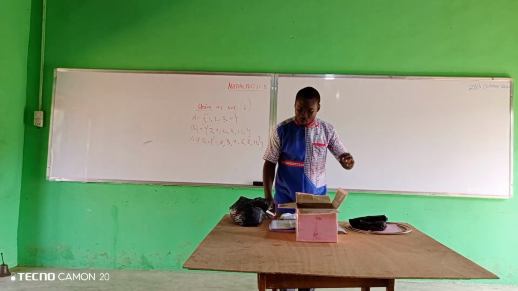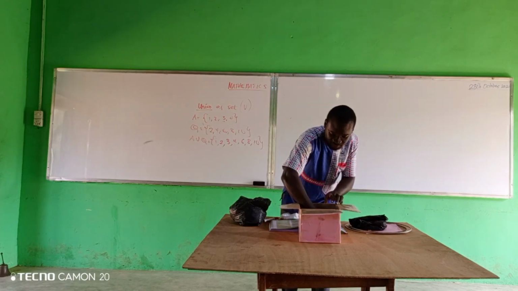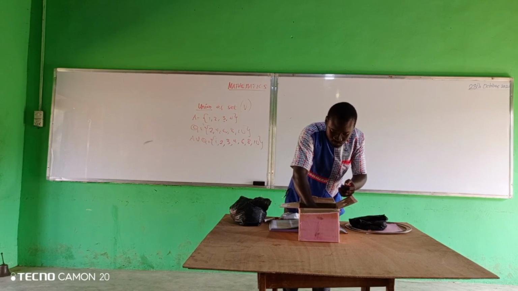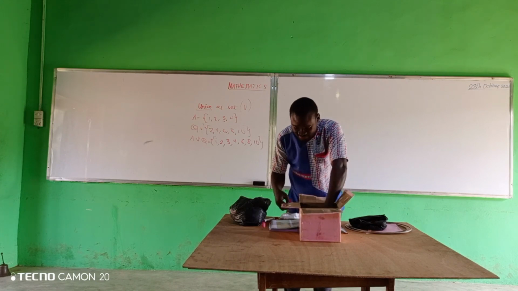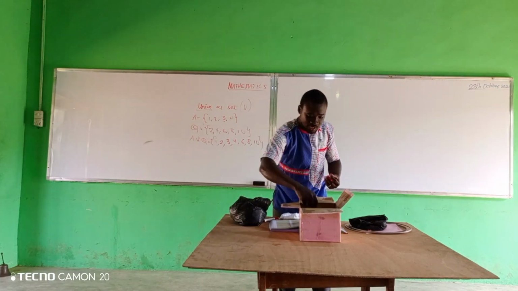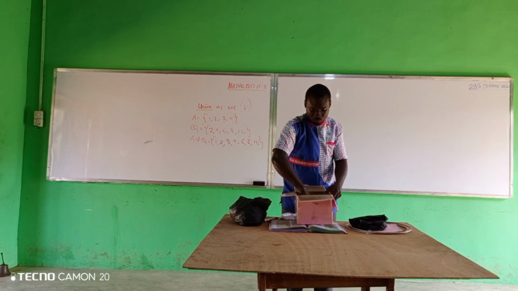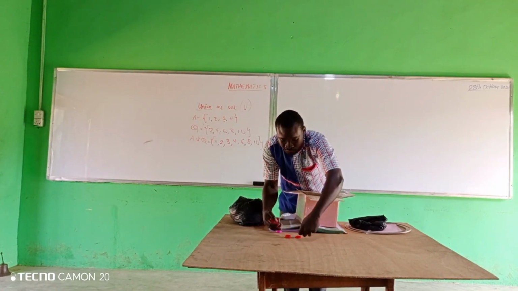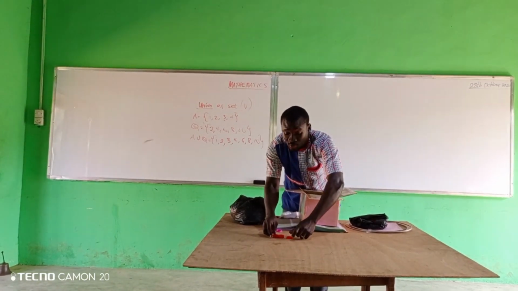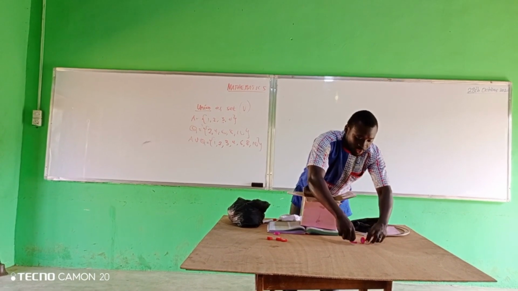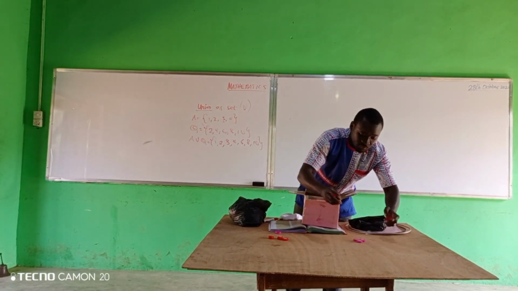Now, we also learned in Form 2 that if we have a set, let me still use the pink and the red bottle tops. How many red bottle tops do we have here? 3. Then how many do we have here? 3.